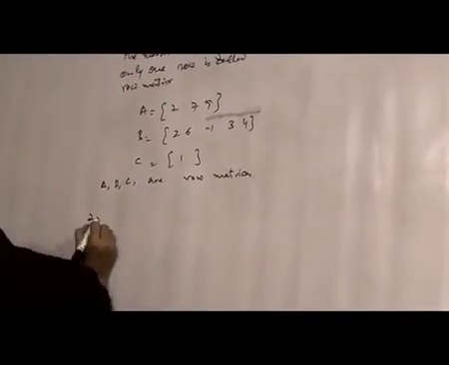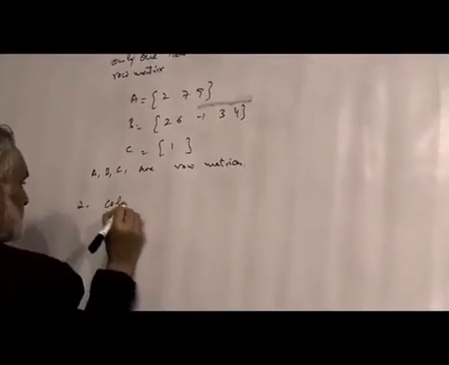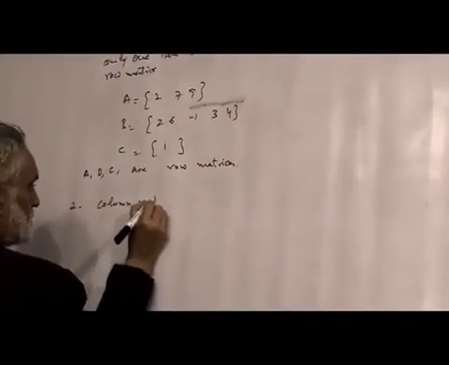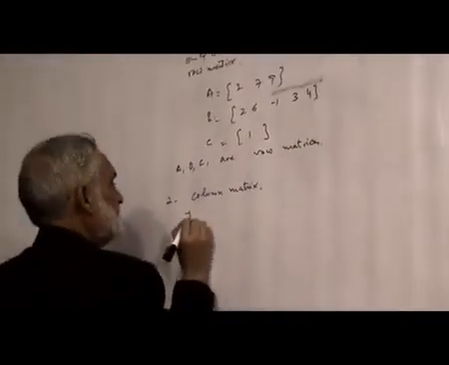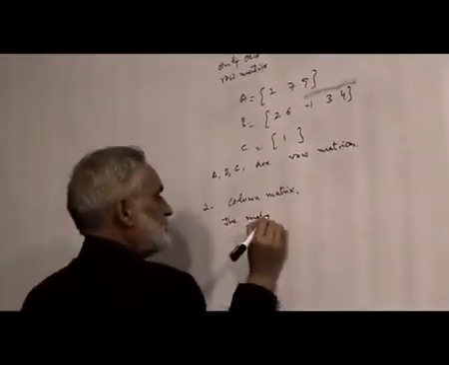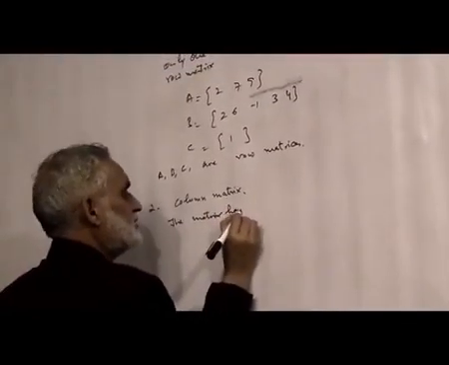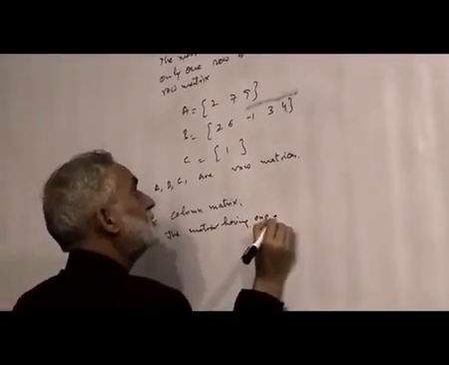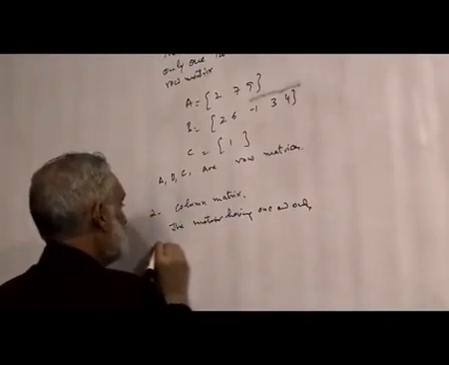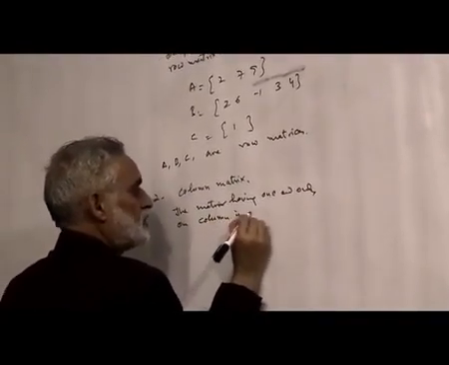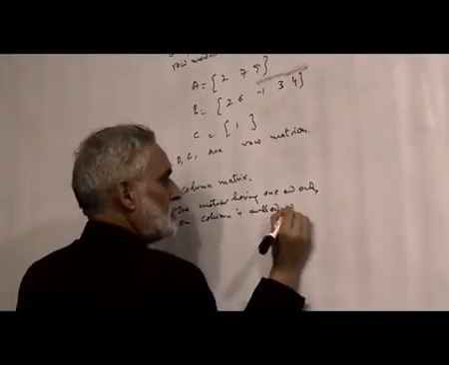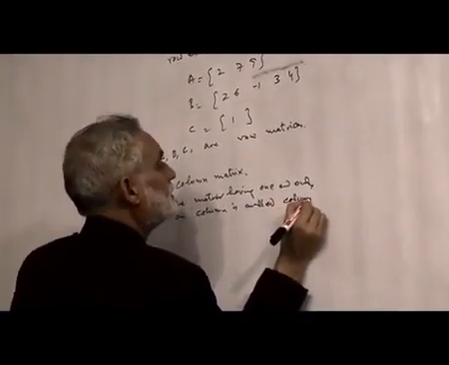Number 2, column matrix. The matrix having one and only one column is called a column matrix.